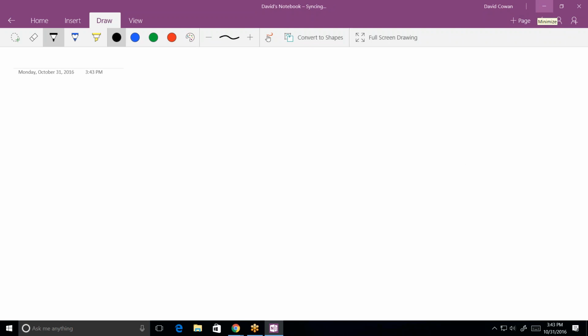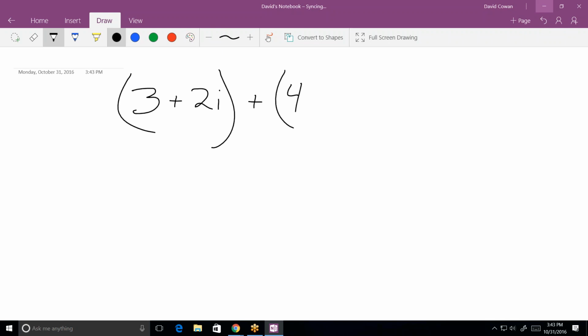Now let's talk about adding, subtracting, multiplying, and dividing complex numbers. If I have a complex number like the following, and I want to add it to this complex number, it's really simple.